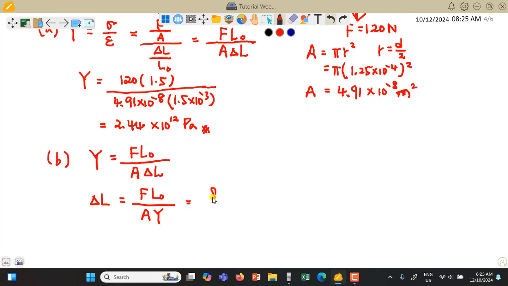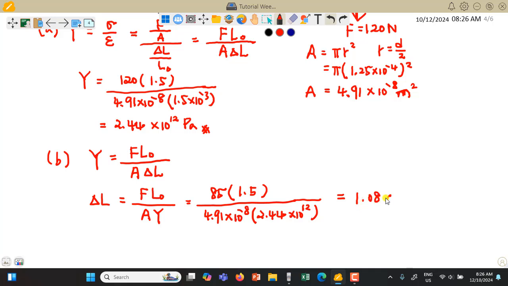Now the force is 85 Newton, the initial length of the wire is 1.5, over the cross-sectional area 4.91 times 10 to the power of negative 8. For the Young modulus, we refer to the answer in question A, 2.44 times 10 to the power of 12. You may pause the video to do the calculation. If you calculate correctly, you should get the extension of the wire as 1.08 times 10 to the power of negative 3 meter.